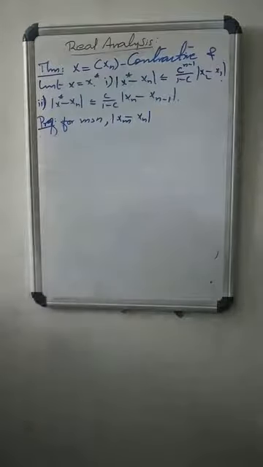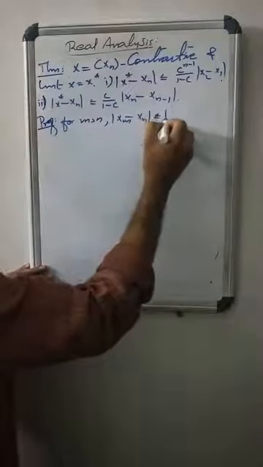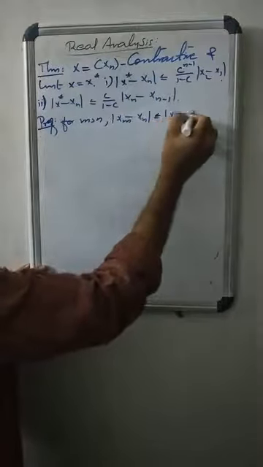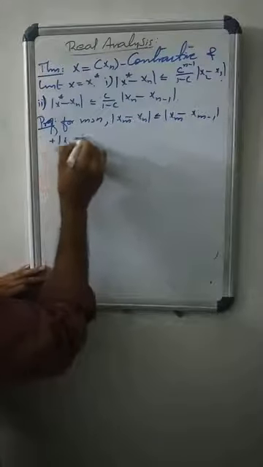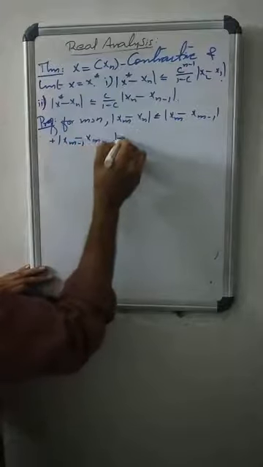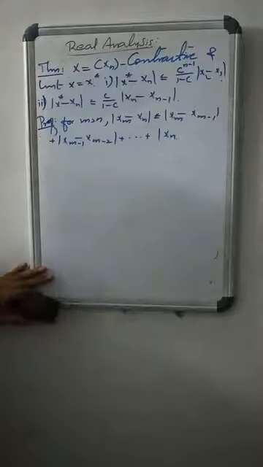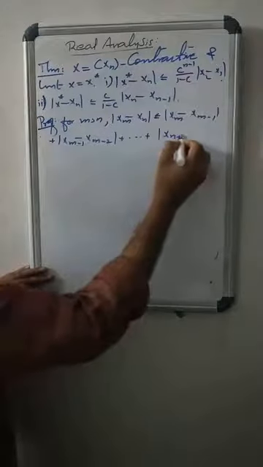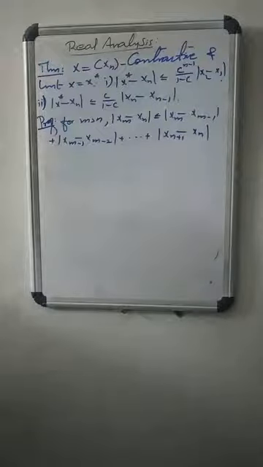Like in previous arguments, modulus of xm minus xn less than or equal to modulus of xm minus xm minus 1 plus modulus of xm minus 1 minus xm minus 2 plus etc. plus modulus of xn plus 1 minus xn. Since xn is a contractive sequence, modulus of xn plus 2 minus xn plus 1 less than or equal to c into modulus of xn plus 1 minus xn.